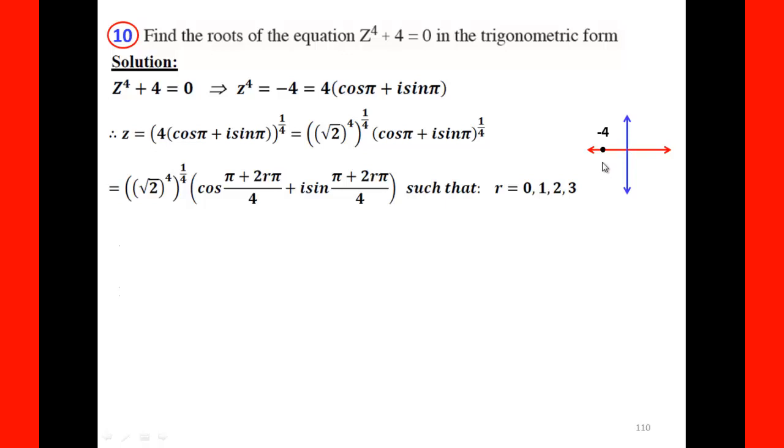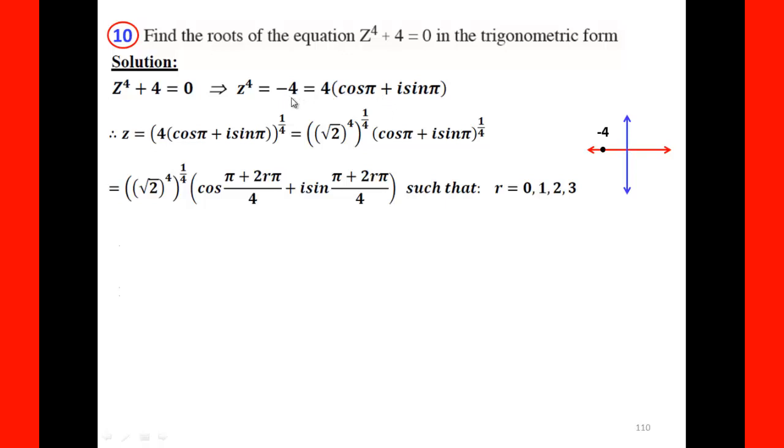Negative 4 in this diagram lies on the negative part of the x-axis, so the measure of the angle equals 180 degrees, or pi in radian measure.